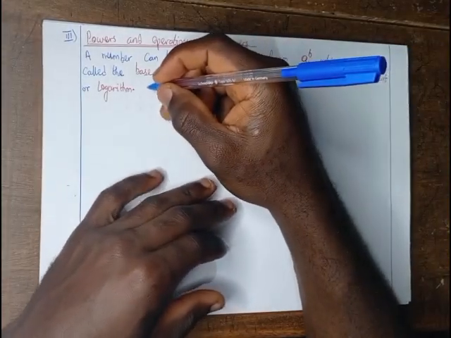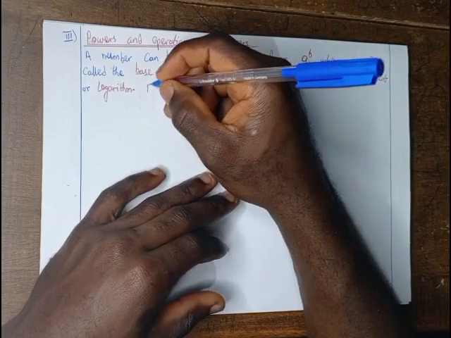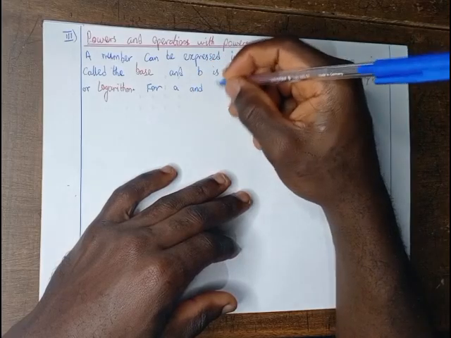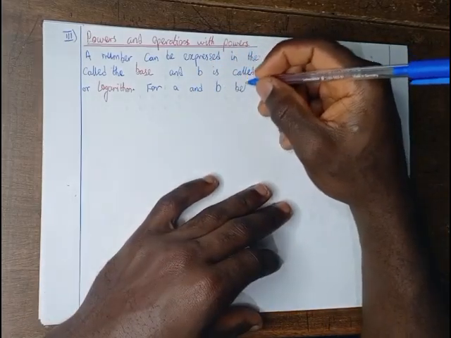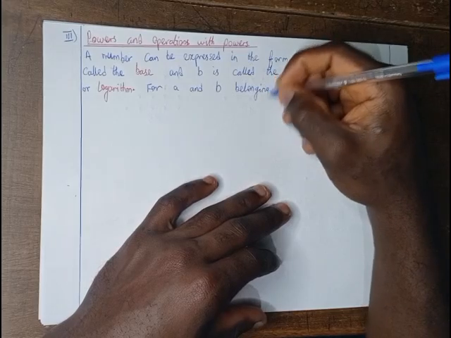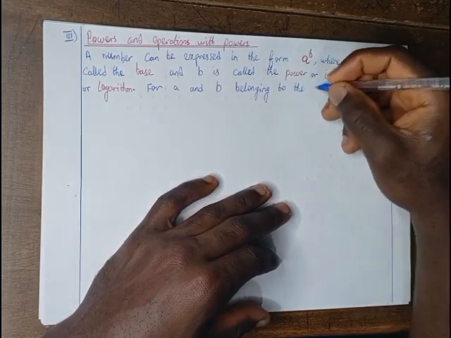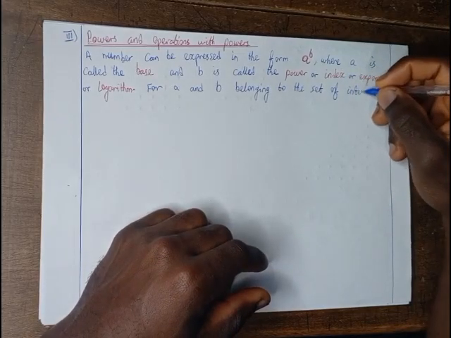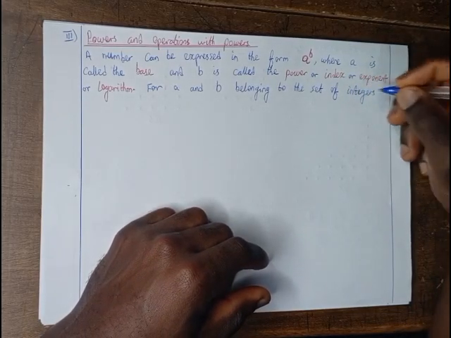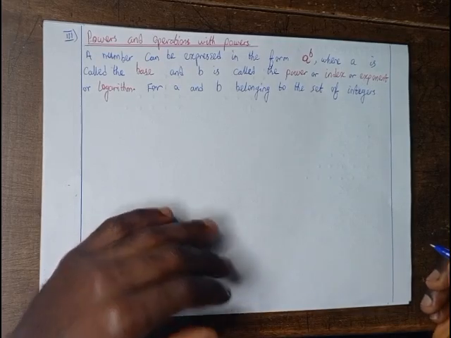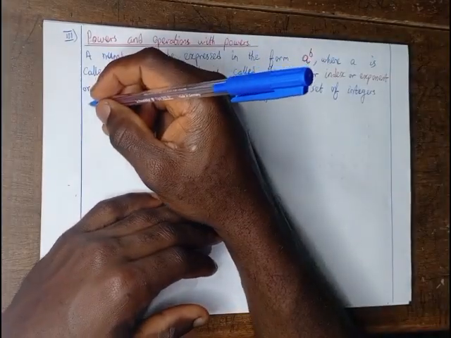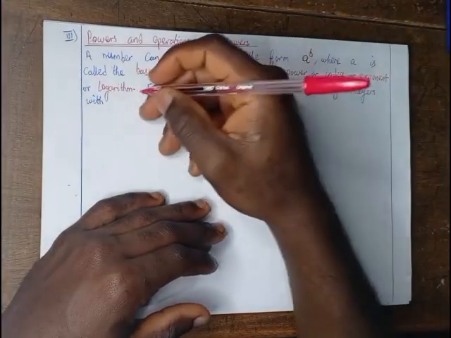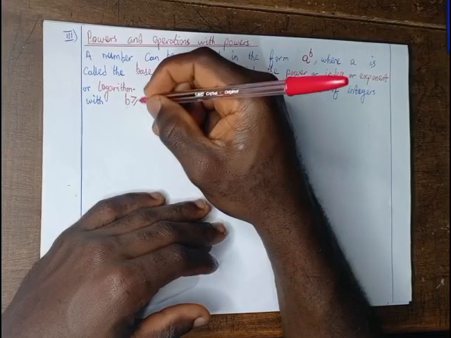For a and b belonging to the set of integers, with b greater than or equal to 0.